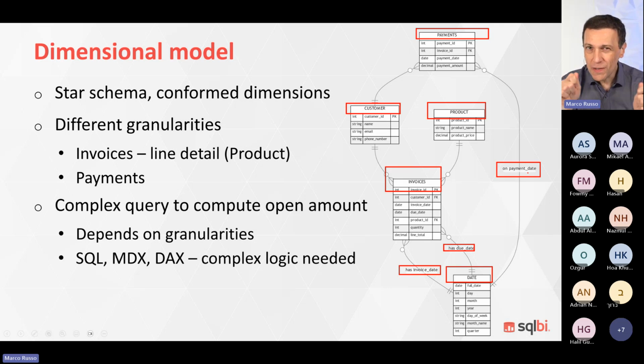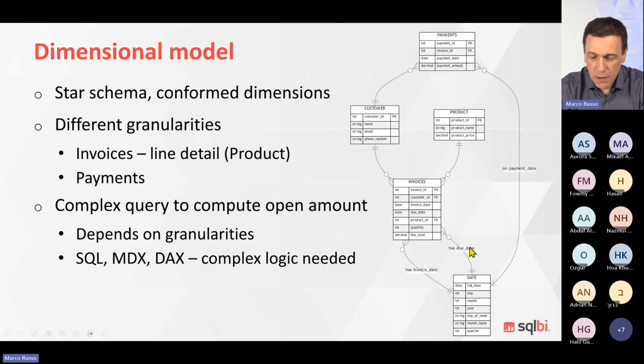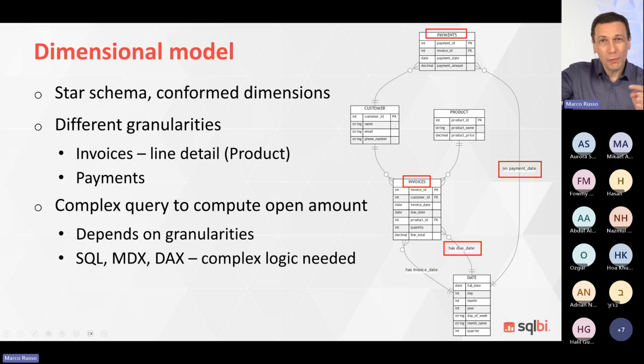If you look closely at this model, these two pieces of information are in two different tables, because the due date is in invoices, whereas the payment date is in another table. And we want to connect these two tables by using what? By using the invoice number, because we want to measure the delay.